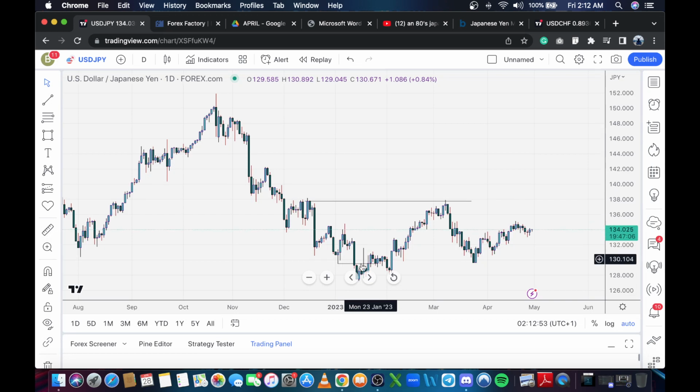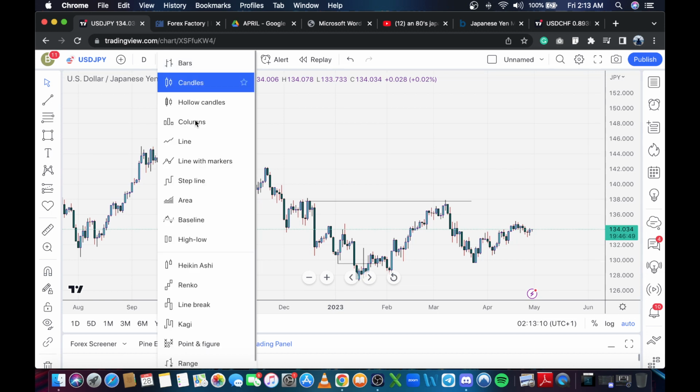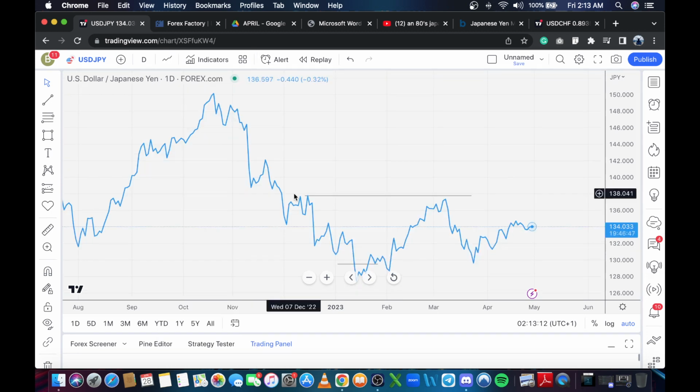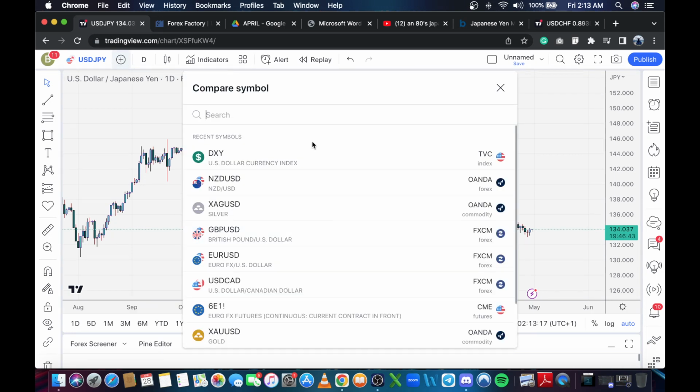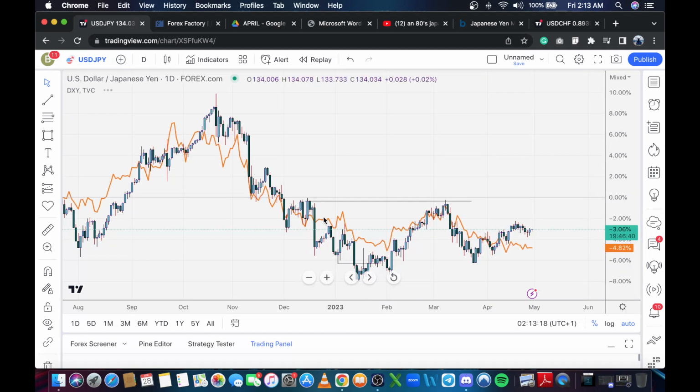And what I have here is a chart of USD JPY or dollar yen. And you would see that compared to dollar, which has been stuck in the range since the start of the year. So if I just put up a line chart of dollar and compared dollar against yen, you're going to see that dollar has been stuck in the consolidation all year.